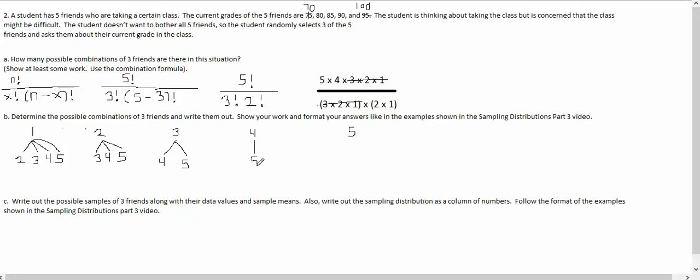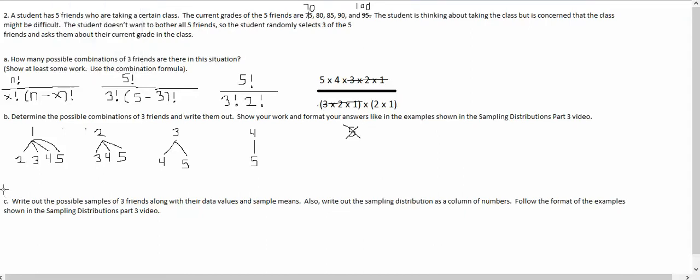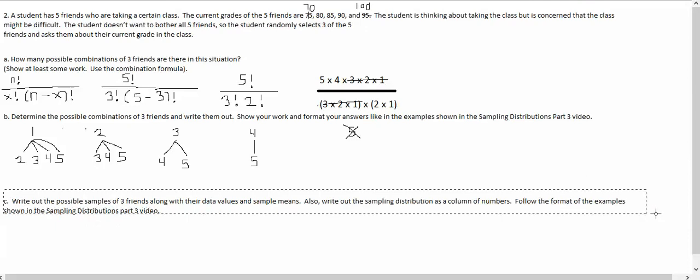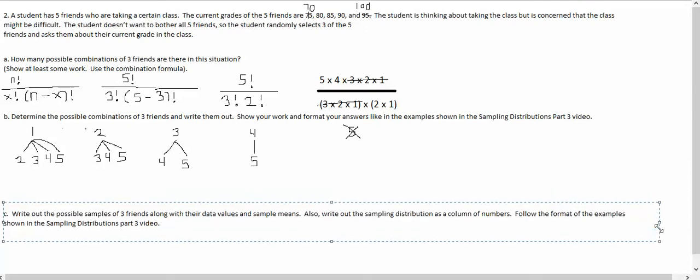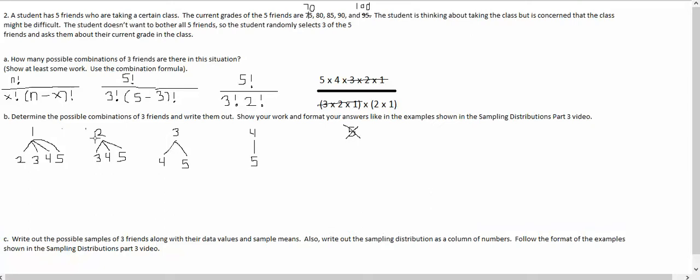And then we write out the numbers that come after 5, which are nothing, so we actually don't need this. And what we have now are the possible combinations of 2 people. The possible combinations of 2 people that could be chosen are 1, 2; 1, 3; 1, 4; 1, 5; 2, 3; 2, 4; 2, 5; 3, 4; and 3, 5.